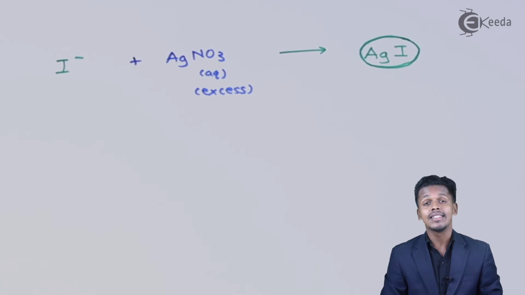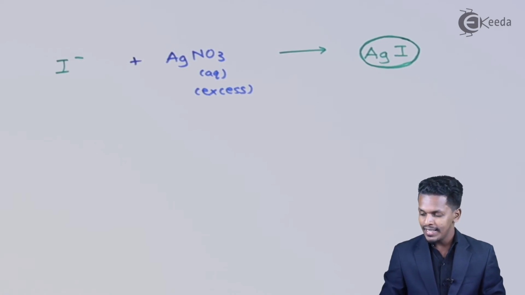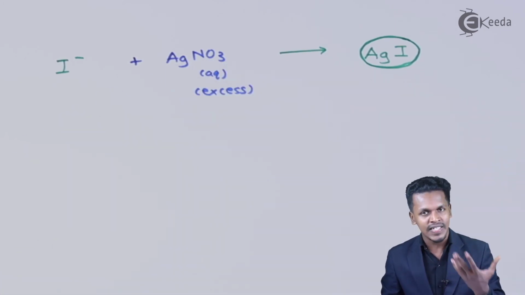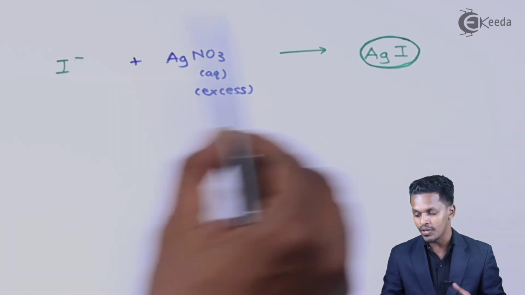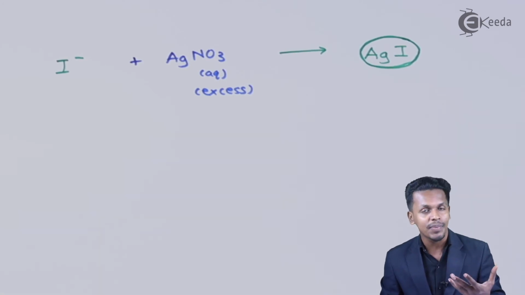The phenomenon that we could learn over here is again adsorption. Since AgNO3 is present in an excess amount, and the product that we obtain is AgI, obviously there would be an excess amount of Ag plus.